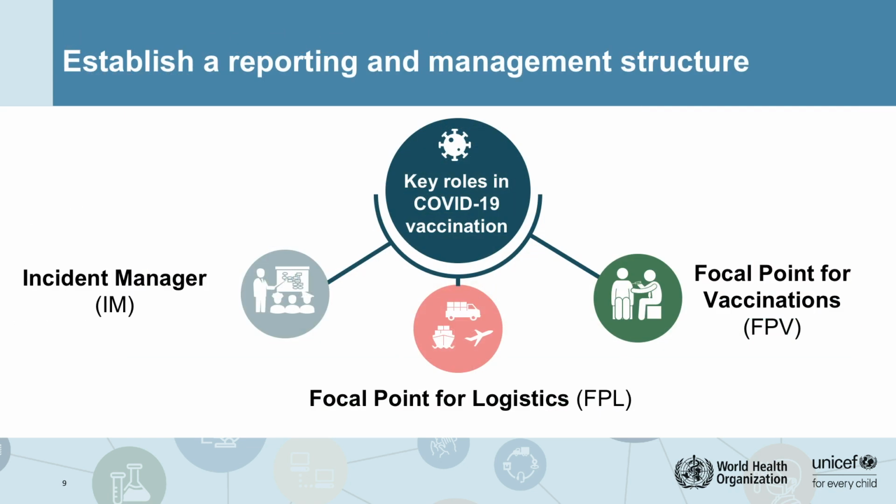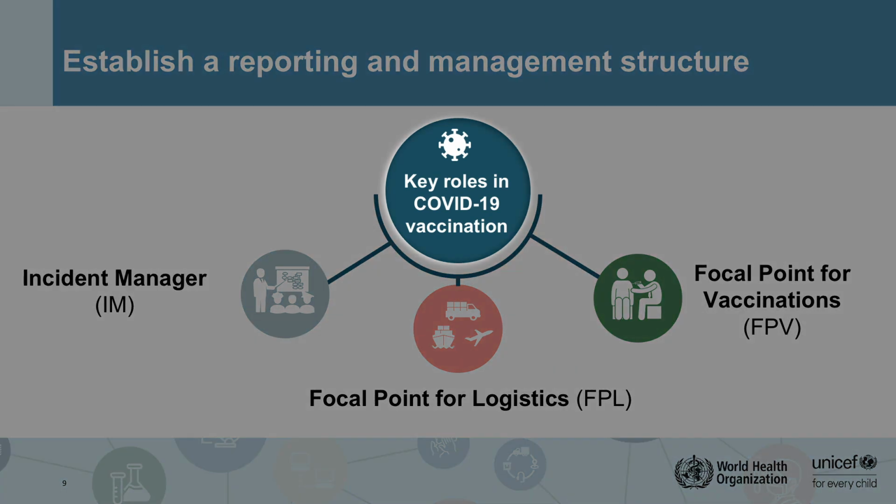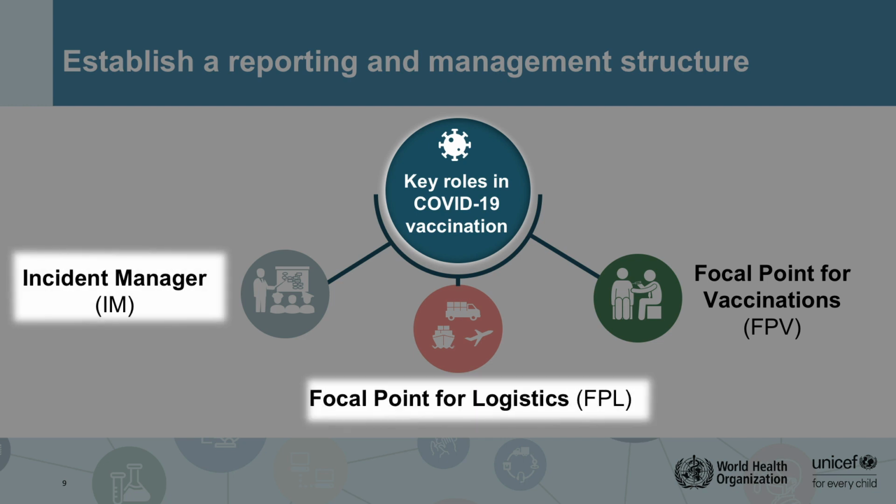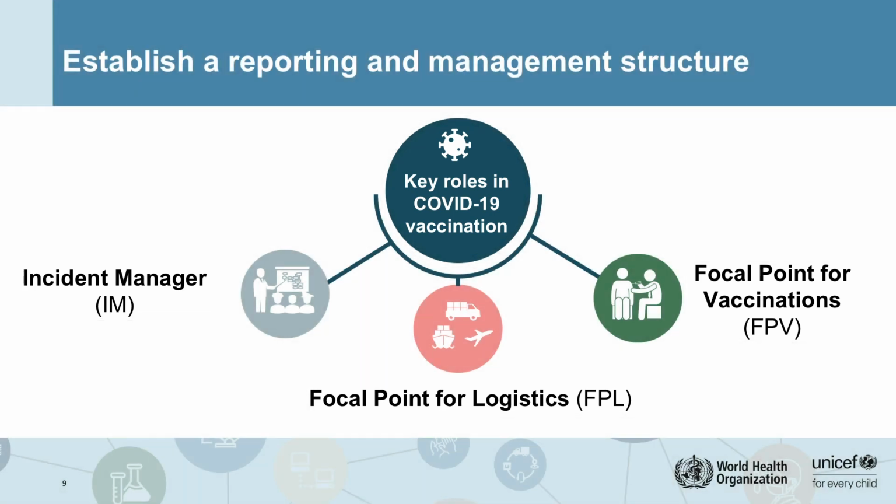Structures and processes should include individuals or designated offices, including an incident manager, a focal point for logistics, and a focal point for vaccination, who should all be embedded in the national coordination mechanism. The next slides show the responsibilities of each of these focal points.